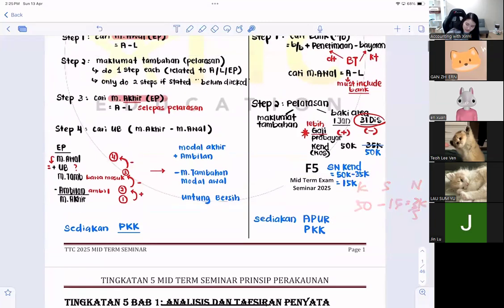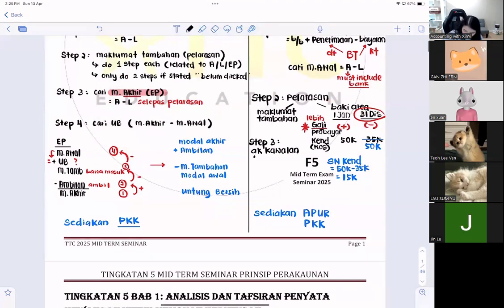So you look for two things. In the baki area, terlebih terkurang or ABS that has a difference in the number. Okay, so then next, step 3. Account kawalan. So the account kawalan, right, is supposed to be having two types. One is account belum terima, the other is account belum bayar.